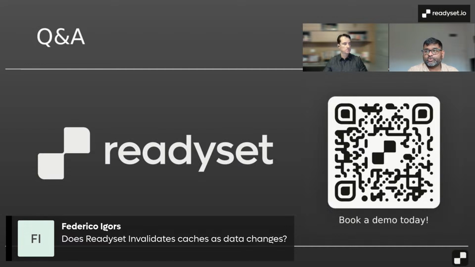Frederico wants to know, does ReadySet invalidate caches as data changes? That's a fantastic question. I'll let Bianchi answer that. Yeah, ReadySet does not work with TTLs or cache invalidation or data expiration.